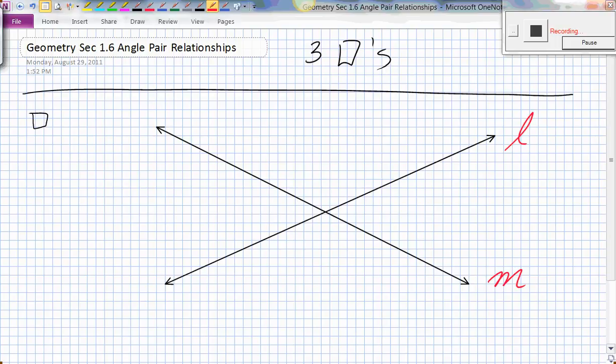So you know that lines L and M are two intersecting lines. I want to label the angles that are created in between them. I'm going to label this angle 1, angle 2, angle 3, and angle 4. Please go ahead and label those as well.